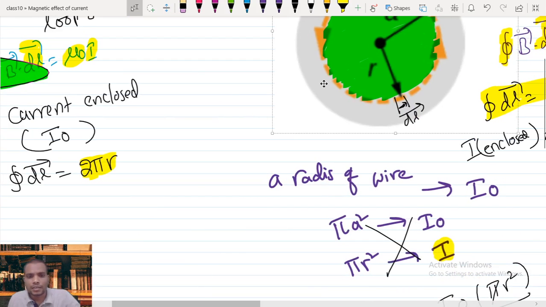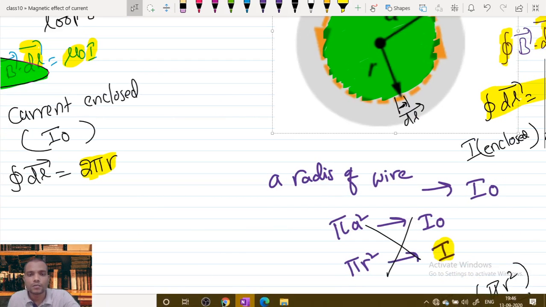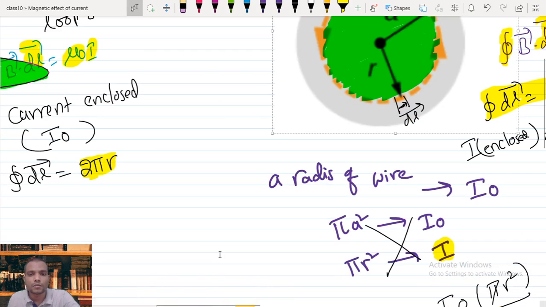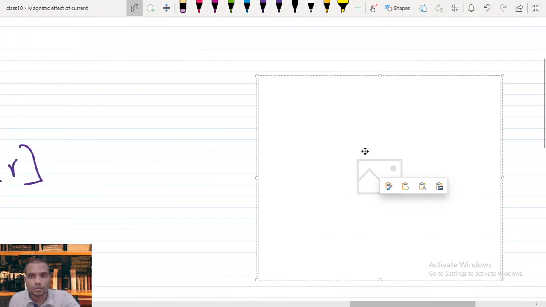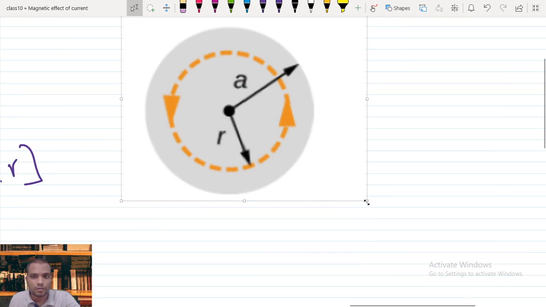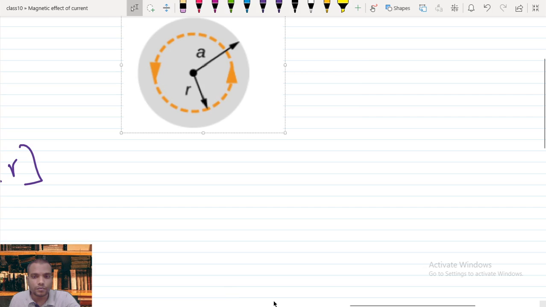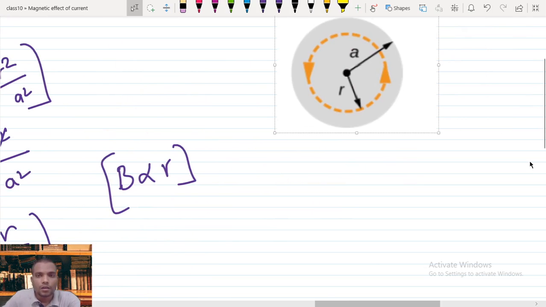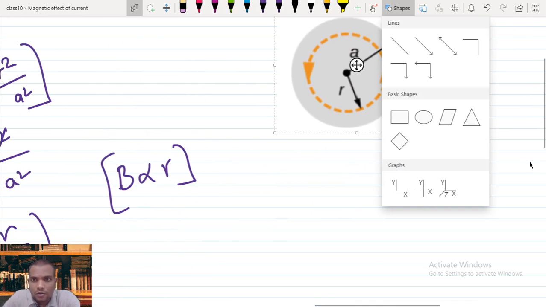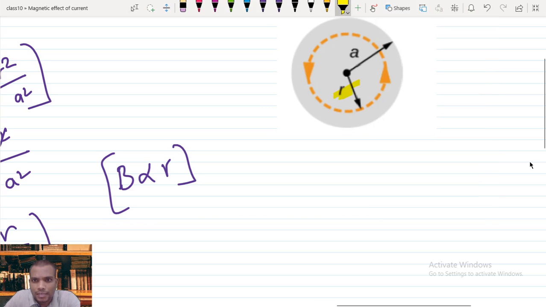So if this is the conducting wire, from the center, we consider the conducting wire up to here. Now the magnetic field in this region, which is inside, we are finding for the case r less than a.